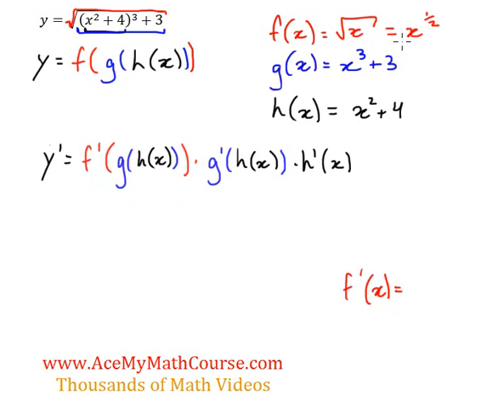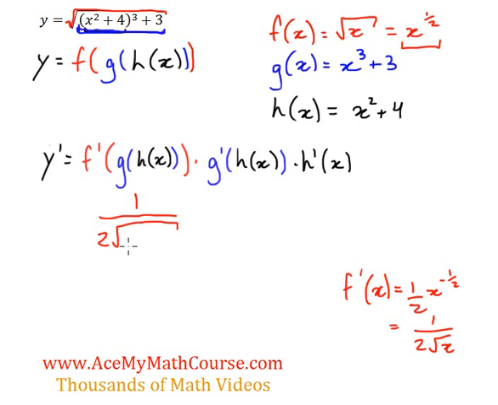F prime of x would be just half x to the negative half. We just bring down the exponent and then subtract 1 from it. And this can be rewritten as 1 over 2 root x. Great. Now, so we have 1 over 2 times the square root of x, but our x becomes g of h of x, which of course is just this whole thing right here.